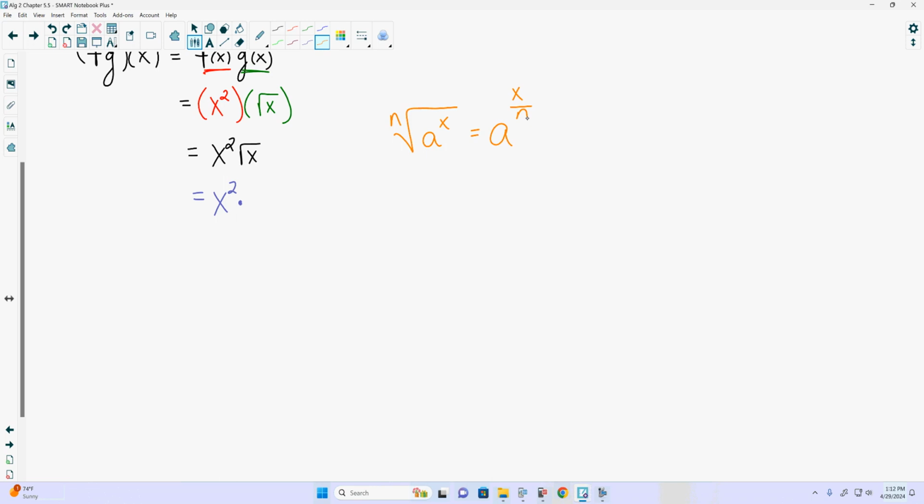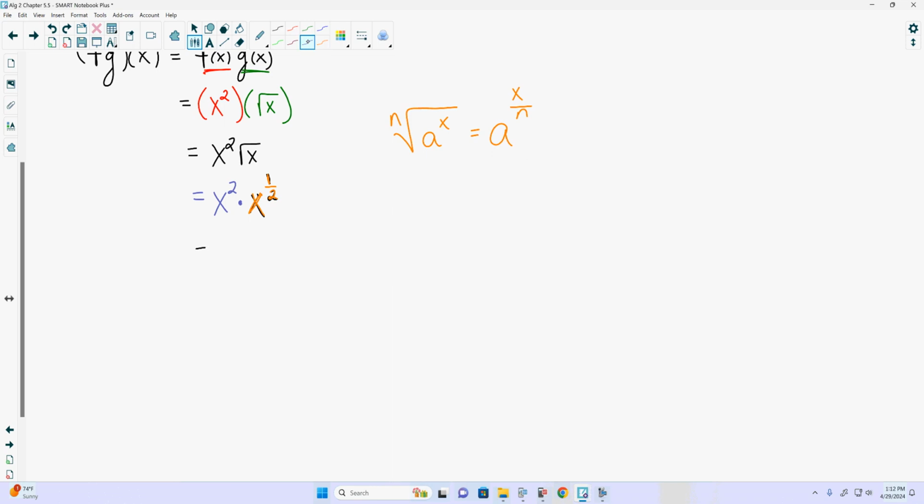And for us, we would have x. Since the exponent attached to the x inside the radical, there's not one written, it's understood to be 1. Since it's a square root, the index, or the root we're taking, is 2. So really, the square root of x is the same as x to the 1/2, or x to the 0.5. So if you're trying to do some of the radicals, especially on the graphing calculator, you could do x to the 0.5, x to the 1/2, and get the same thing as the square root of x.